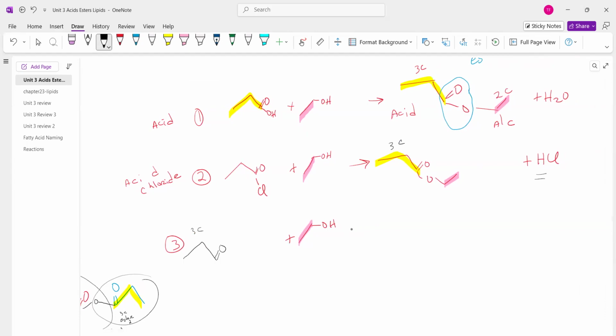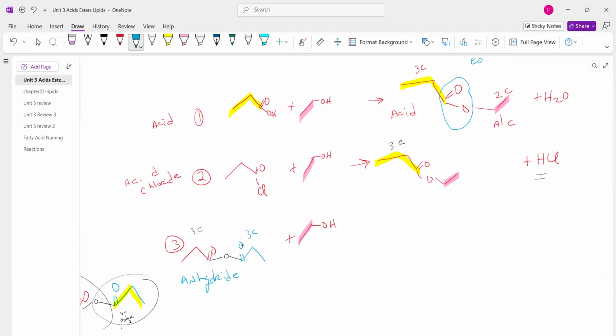And we have, let's do this in my original colors. Okay, so now we have the anhydride.